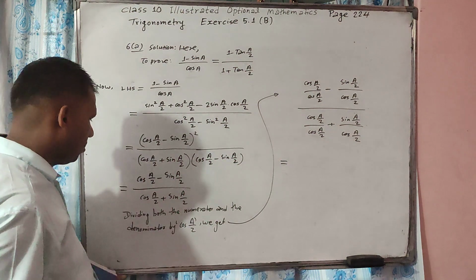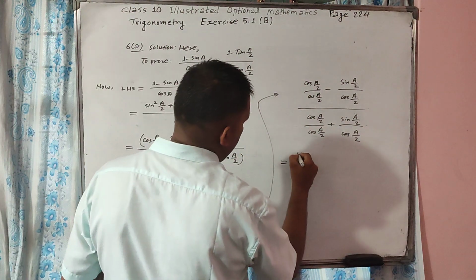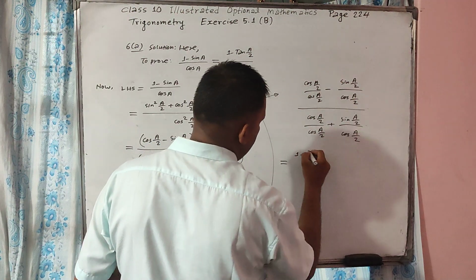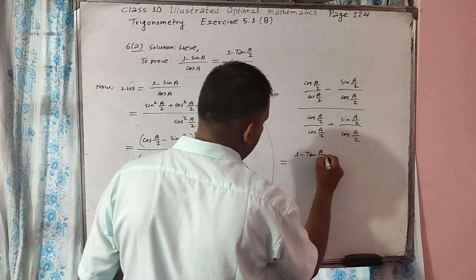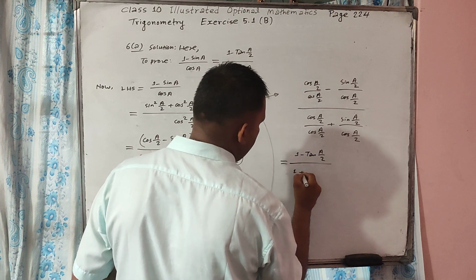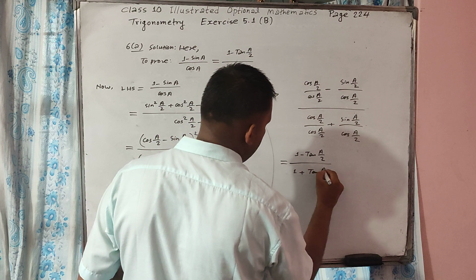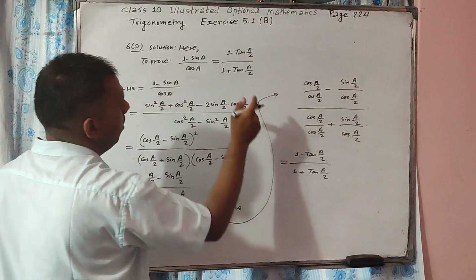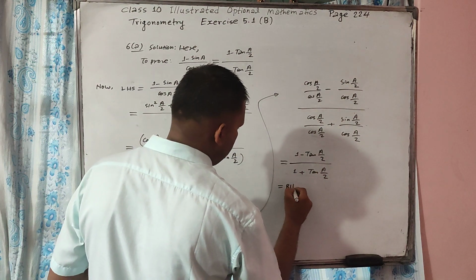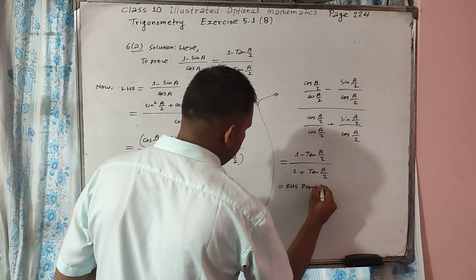Now it becomes cos A/2 upon cos A/2, 1 minus sin A/2 upon cos A/2, that is tan A/2, all upon 1 plus tan A/2. That is our RHS. RHS proved.